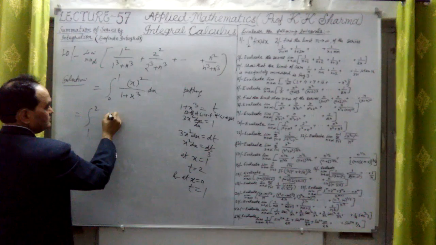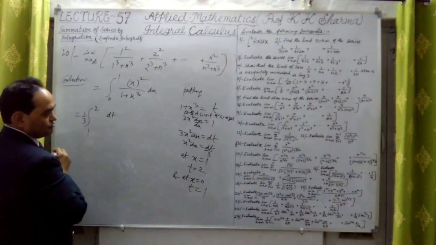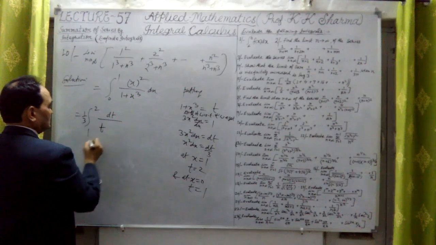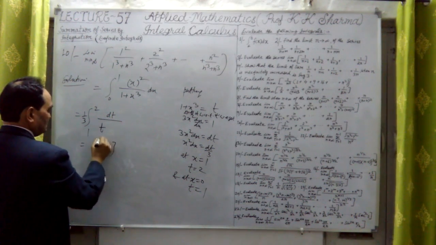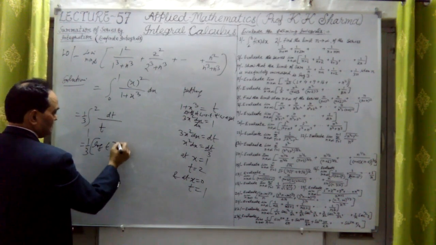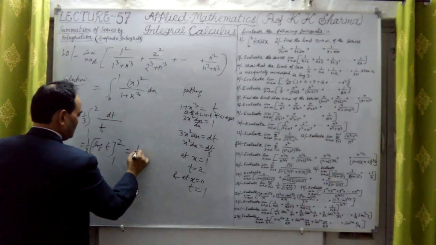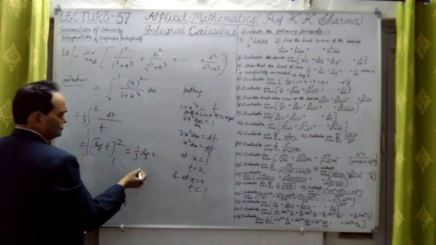It is dt by 3, so the 1 by 3 comes out, and 1 upon t dt is nothing but log t, with limits 1 to 2. So it will be 1 by 3 into log 2 minus log 1, which is 0.